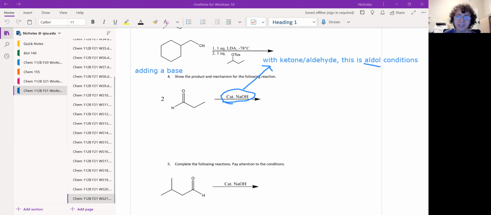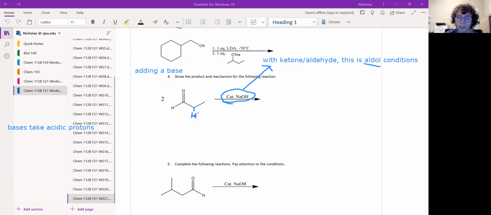And remember, bases take protons, typically acidic protons. So the hydroxide is going to want to take an acidic proton, and the only hydrogens that are acidic in this structure are the ones alpha to the carbonyl.